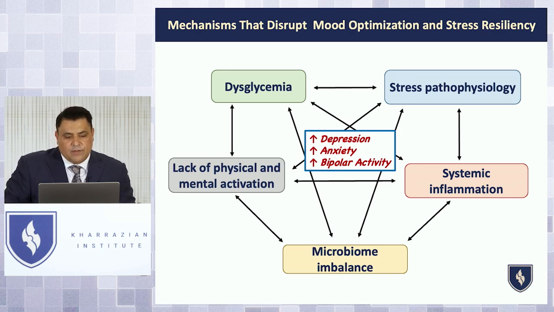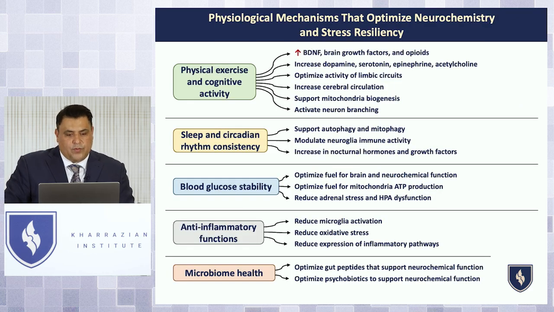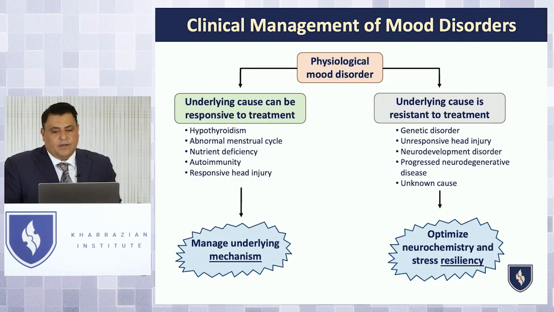So even in worst case scenarios, you want to improve your resiliency. So when we get to management and treatment approaches, sometimes the approach is to treat the underlying mechanisms, sometimes the treatment approach is to deal with the underlying resiliency patterns.